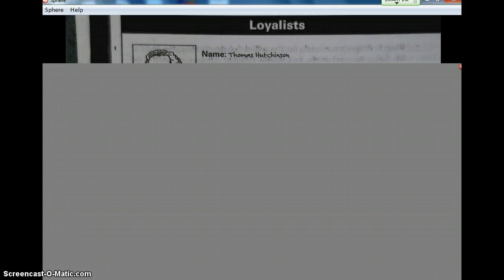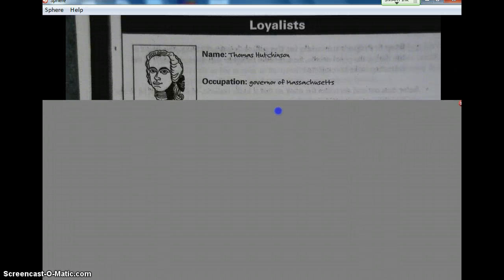If you look at the heading for that section, in the first paragraph, it says he was a dedicated official who was named Royal Governor of Massachusetts in 1771. And also in the caption it says, as Governor of Massachusetts. So for occupation, you need to write down Governor of Massachusetts.